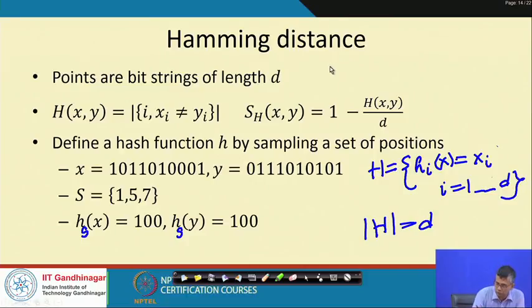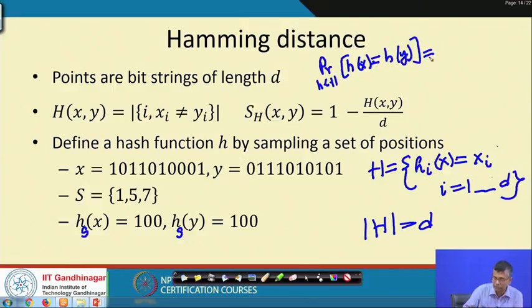So, what can we say? If we pick h from the family, what is the probability that h of x will equal h of y?